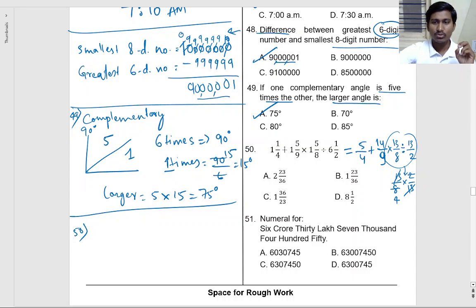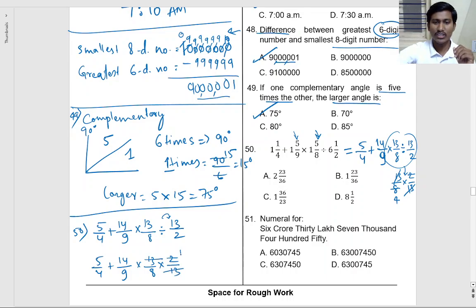Okay, so 1 and 1 by 4 means 5 by 4 plus 1 and 5 by 9, that is 14 by 9, into 13 by 8 divided by 13 by 2. If you do the division, we have to multiply with the reciprocal, so 2 by 13, 13 cancels, 2 1s are 2, 4 2s are 8.